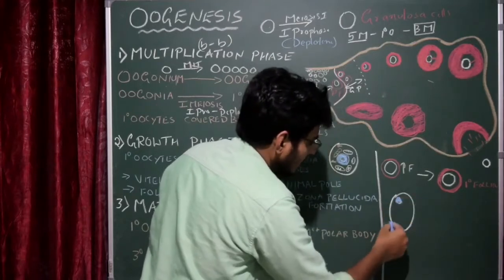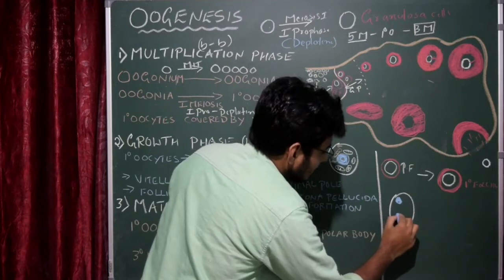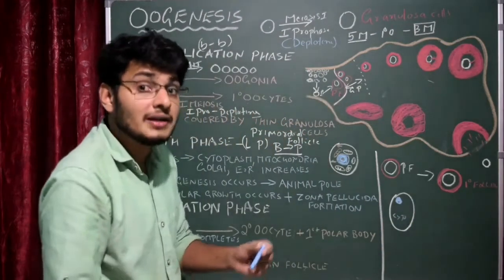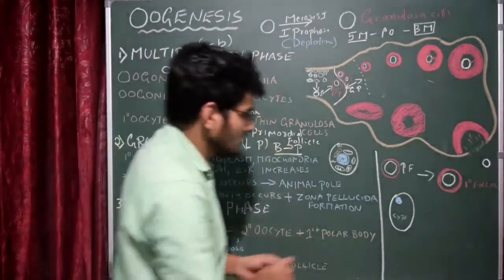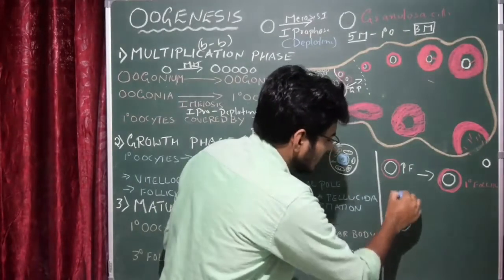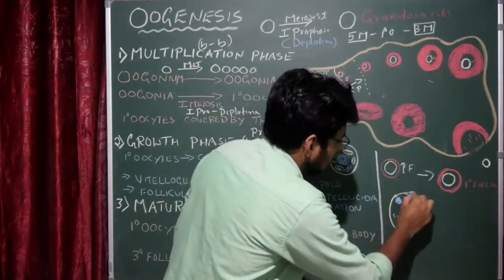The cytoplasm is here, and in the growth phase the cytoplasm volume also increases, so it becomes a bit big in size. The nucleus moves to this side, and this side of the primary oocyte is called the animal pole.